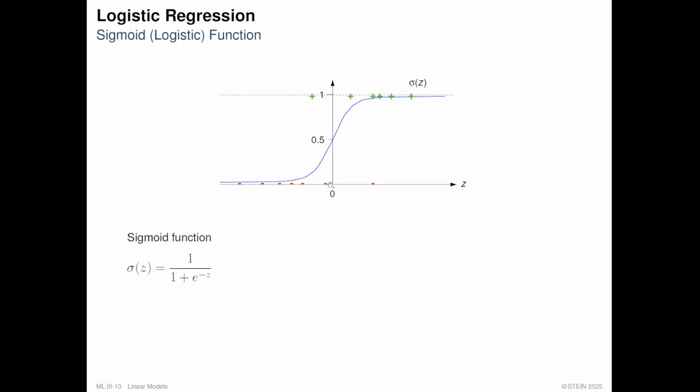But here we want a function restricted between 0 and 1, between spam and ham. And what we use here is the sigmoid function. This is pretty essential and basically part of every classification neural network that you will ever see. So this is important.